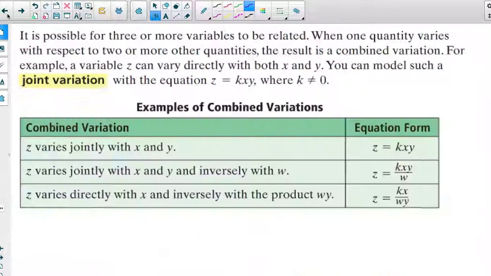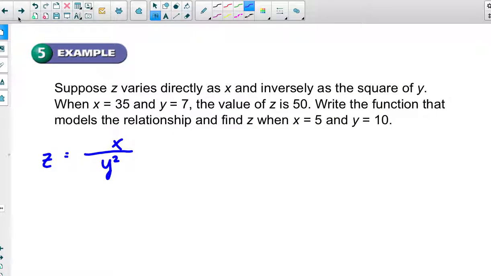Just to refresh, take a look over here. If it varies jointly with x and y, we have a k. If it varies directly with x and inversely with the product wy, we have kx in the numerator, wy in the denominator. So that means we have to have that constant of variation. And in this case, we are going to use k because that is our variable that represents that in Algebra 2.